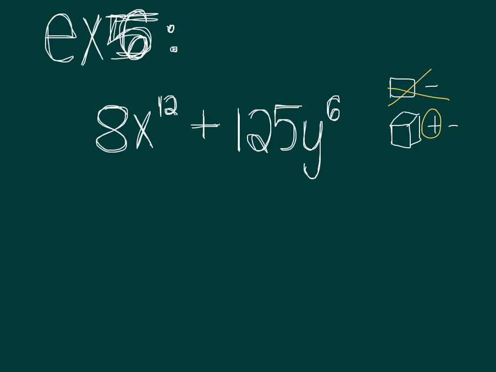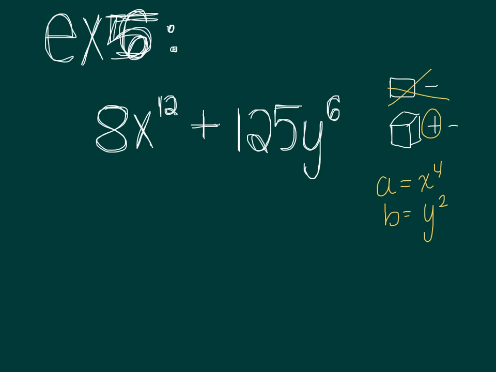Now this time I'd actually need to use two dummy variables because as you can see, neither of our exponents are a 3. But we're lucky both of them will divide nicely by 3. So I'm going to say a is going to be, let's say, x to the 4th, and I'll let b be y squared.